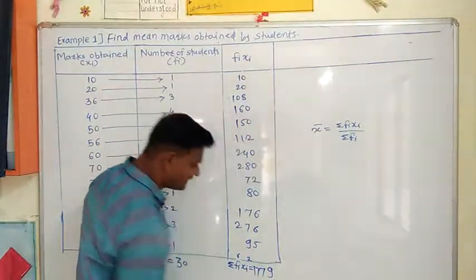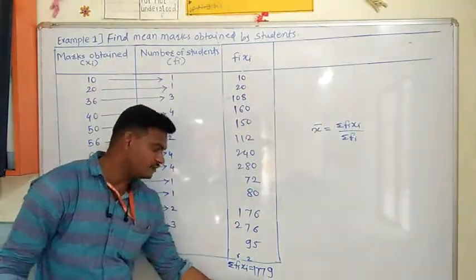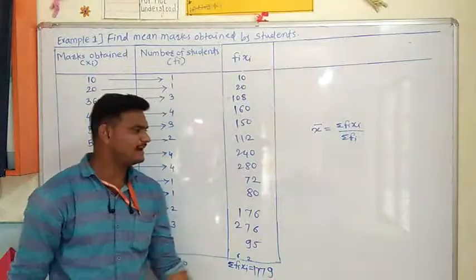We got 1779. Summation of fi into xi we got here is 1779.